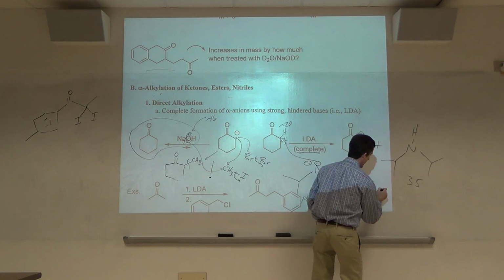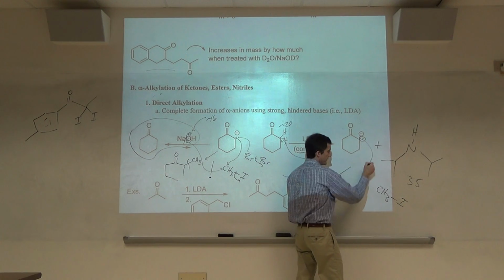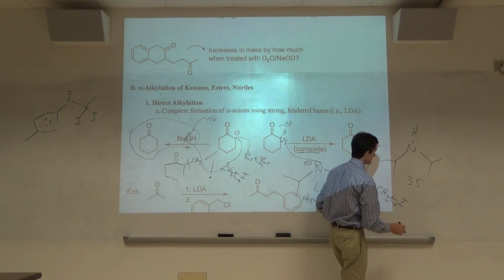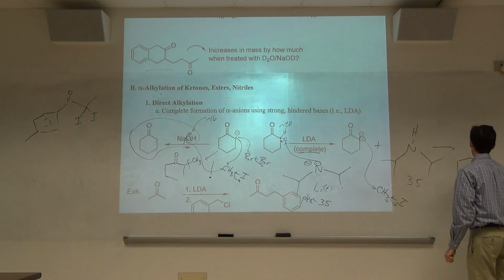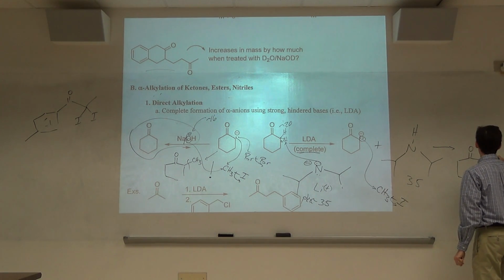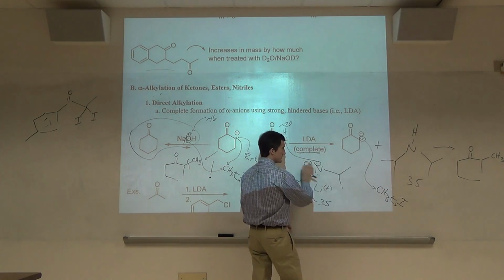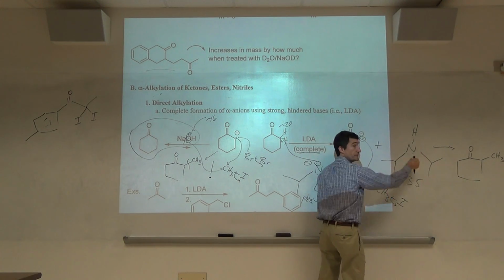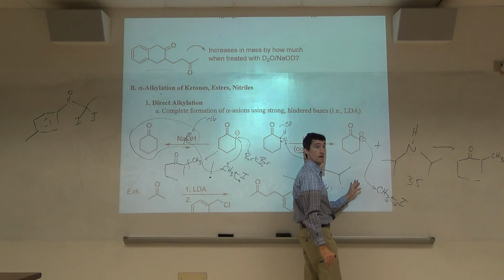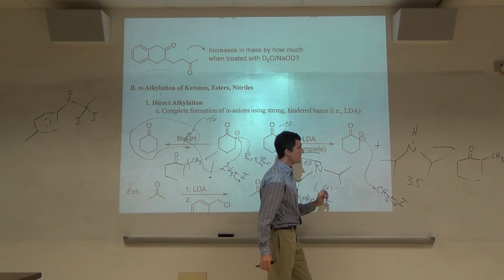Now when you throw in your carbon electrophile, you can now do this and you can get your product. This is no longer present because the acid base was complete. This could still be a nucleophile, but it's not an anion like these were, so it's not as strong.